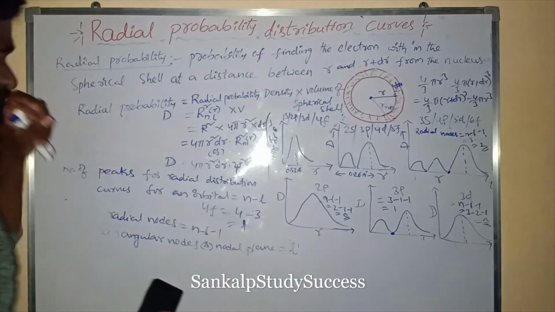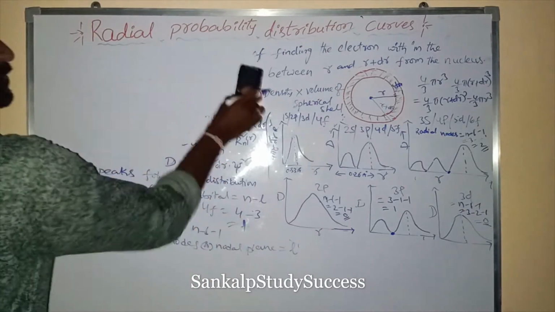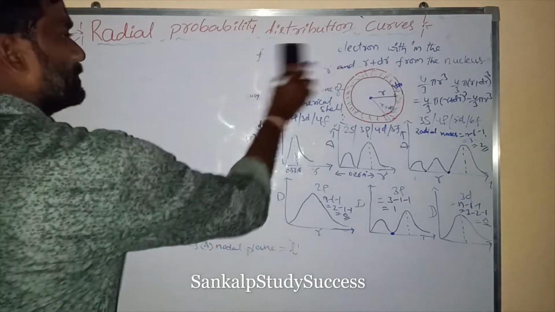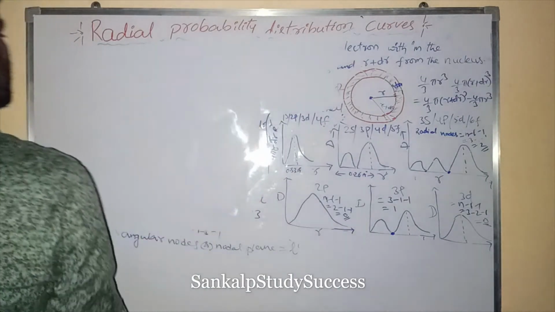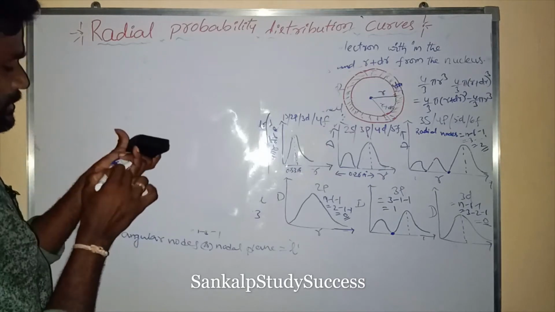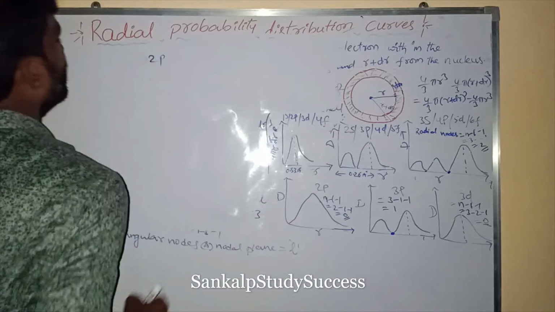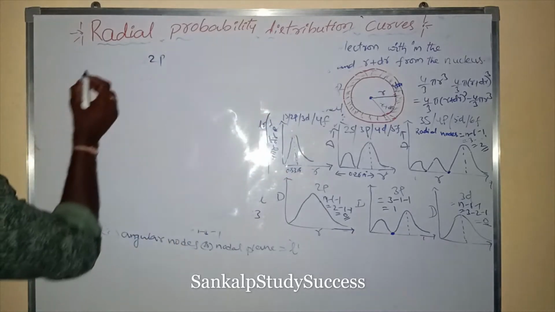Now for the p orbital, like the 2p orbital, the number of radial nodes is already done.